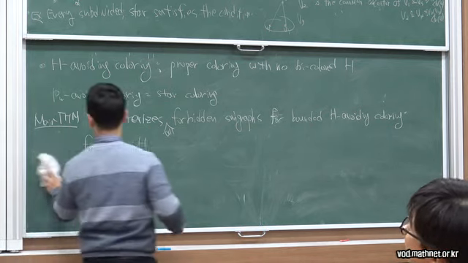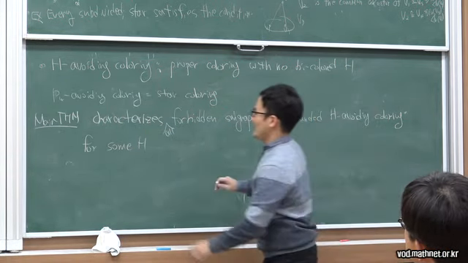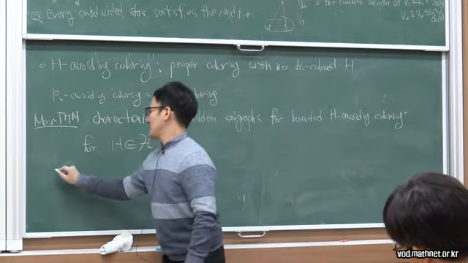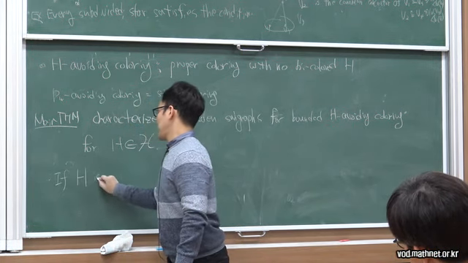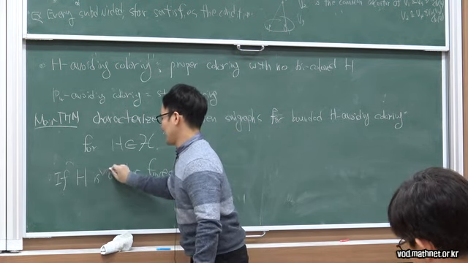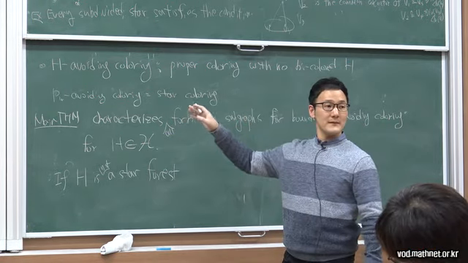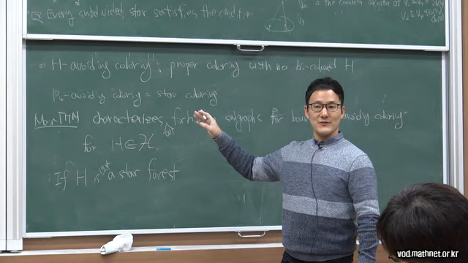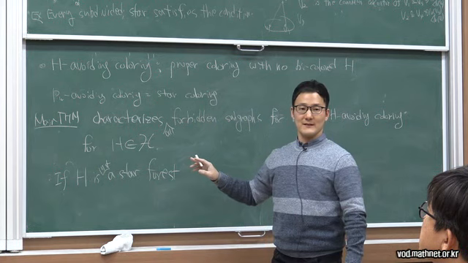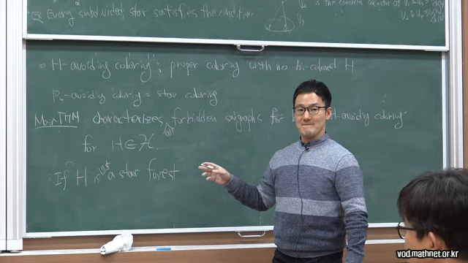So our main theorem characterizes all forbidden subgraphs for H in this class, and if H is not a star forest, then the results are the same. Do you understand? When H is a star forest, the problem becomes easier.